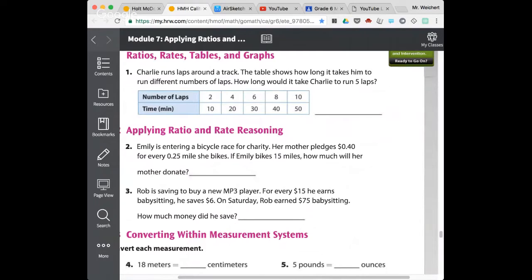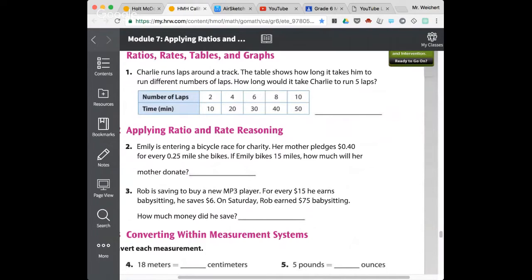Figure this out another way, because if we figured out the unit rate here, if we made this 1, go back to where it would be 1, what would this be? Well, if we take out a 2 from both, it would be 1 to 5, and that's what we'd start with, 1 to 5.